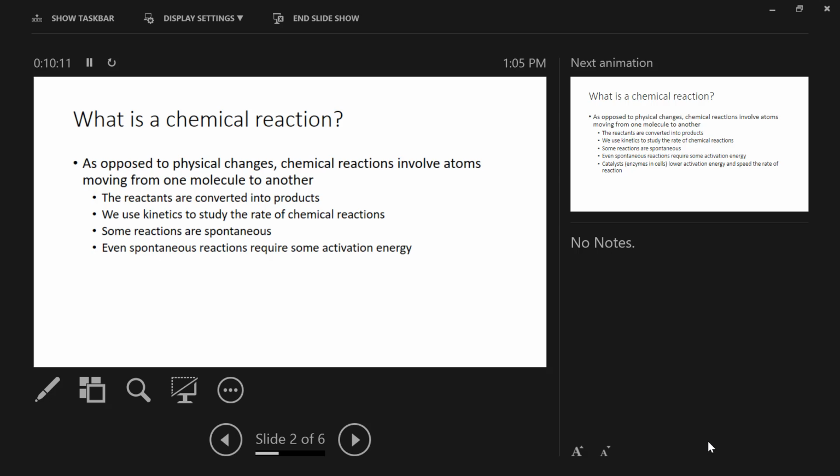Reactants or products? Reactants, right? So reactants should be towards the left, because at the beginning, which is going to be at the origin, we're going to have reactants. Okay? And then over here, as we move right on the x-axis, we're going to have our products.